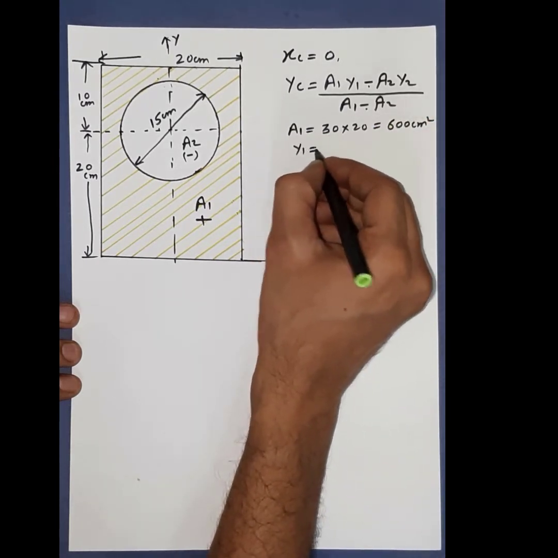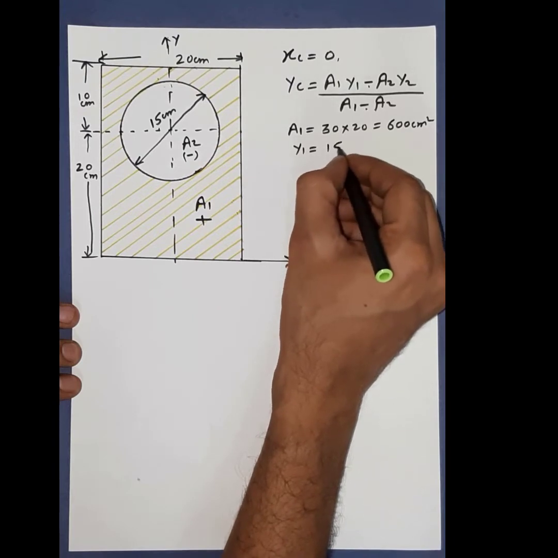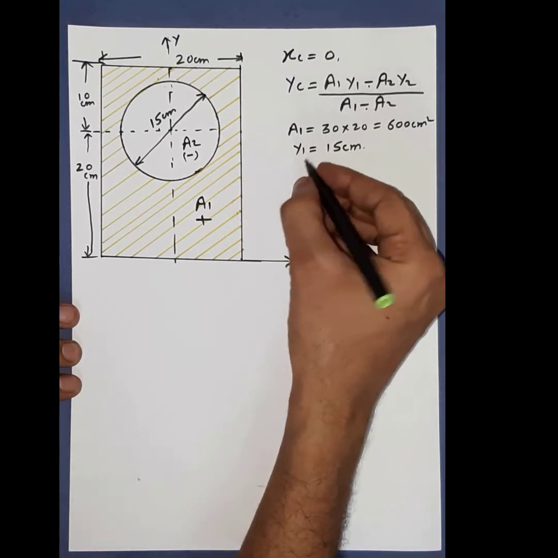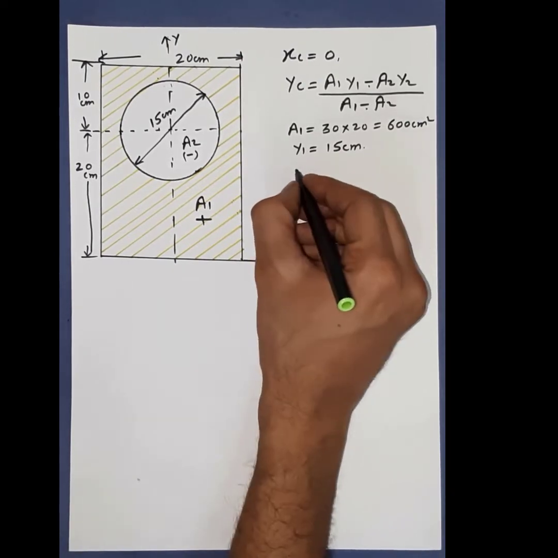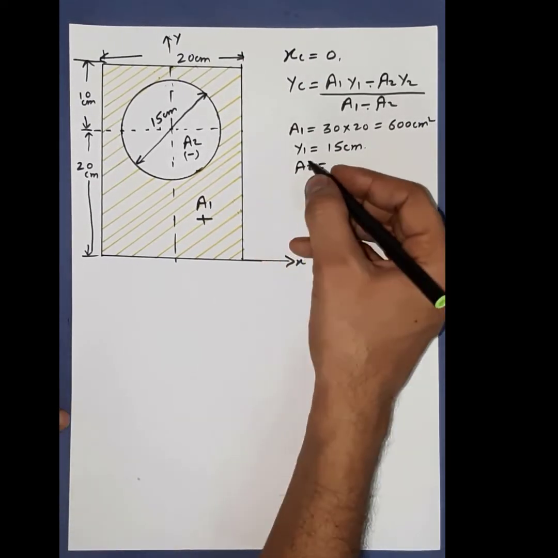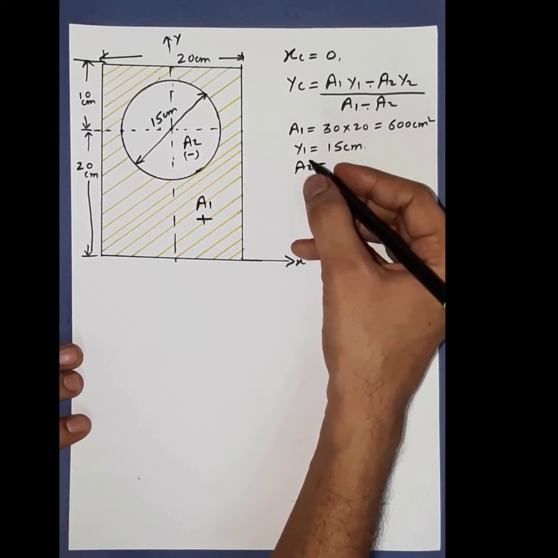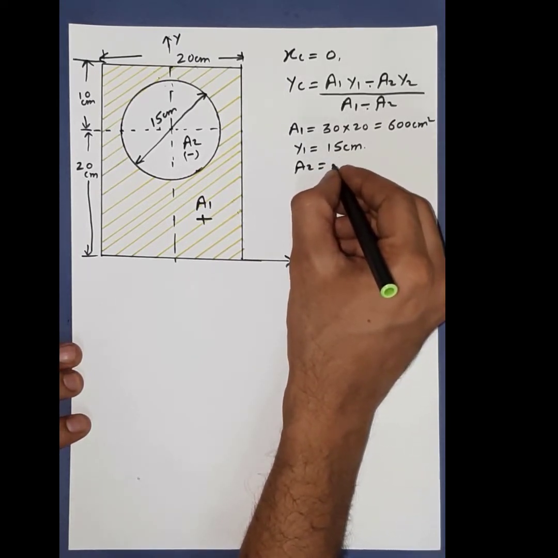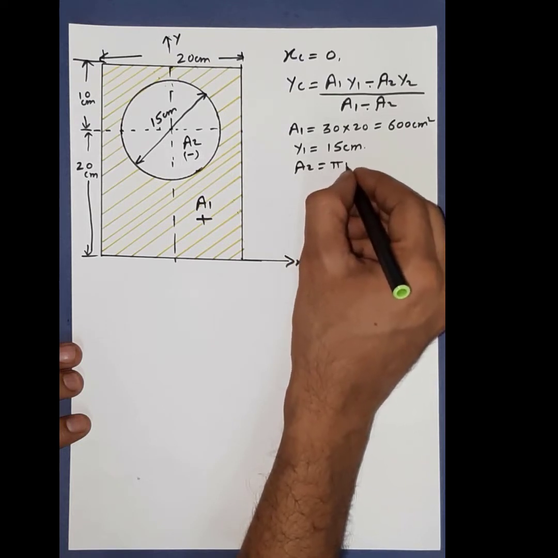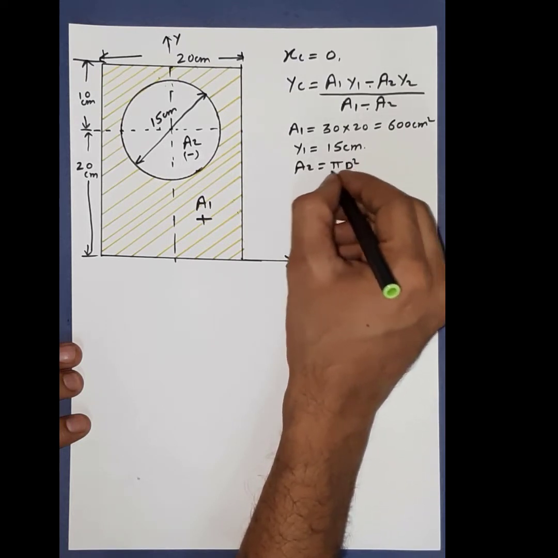Then the value of y1 will be 30 divided by 2, so 15 centimeter. Then A2, the area of the circle, the formula is pi into d square divided by 4.